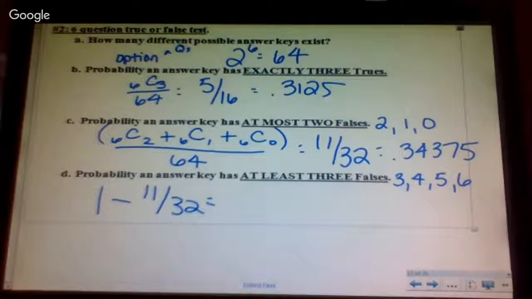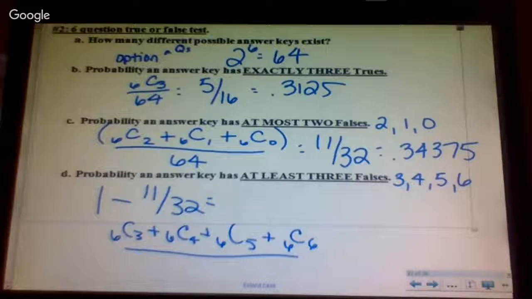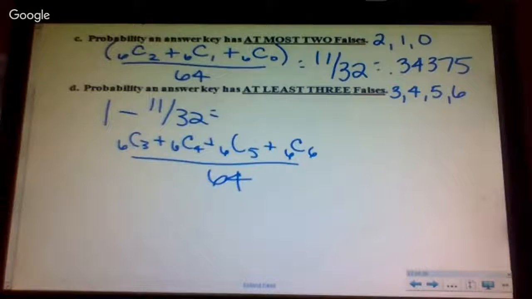Or you could have done 6C3 plus 6C4 plus 6C5 plus 6C6, all over 64. Those are the 2 options. You get 21 out of 32, or 0.65625.